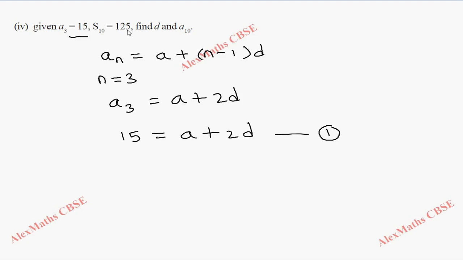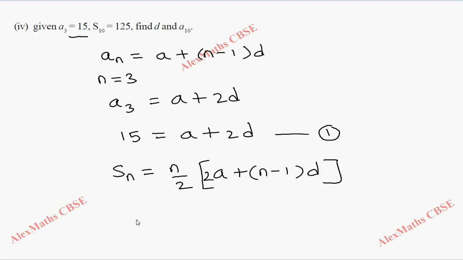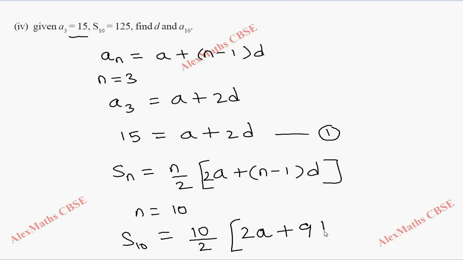Now S10 is given as 125. Let's write the Sn formula, which is n by 2 into 2A plus n minus 1 into D. Now the value of n I have to take as 10. So it is S10 equal to 10 by 2 into 2 times the value of A, which we don't know, so we will write it as it is, plus n minus 1. N is 10, so it is 9D. We got the value of S10 in the question as 125.